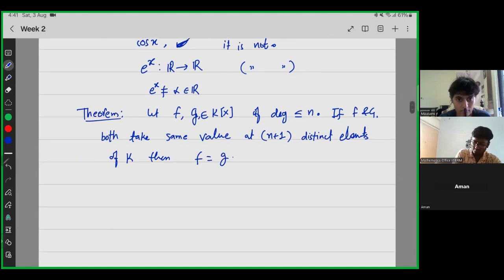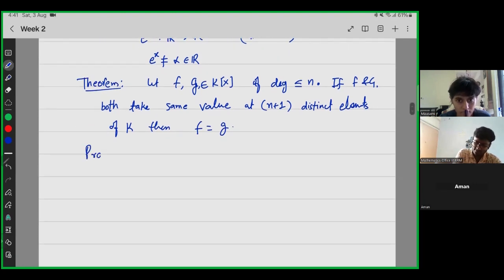A simple proof for this is that we can take f minus g. It is still of degree less than or equal to n, so this polynomial f minus g should have at most n roots.